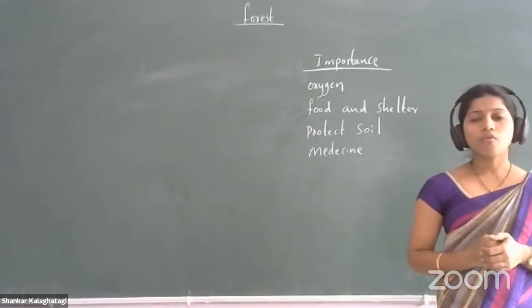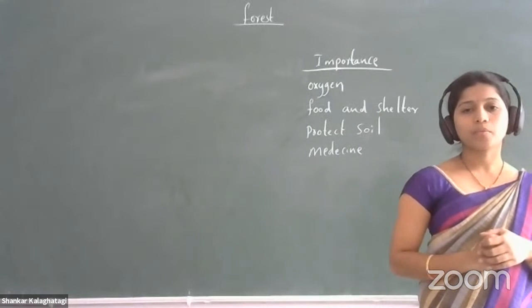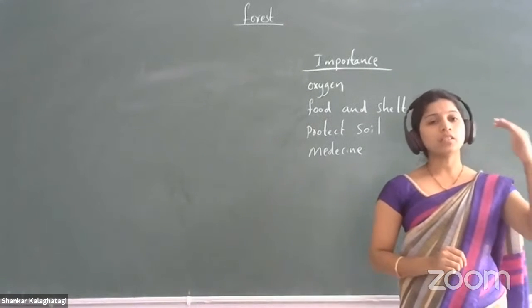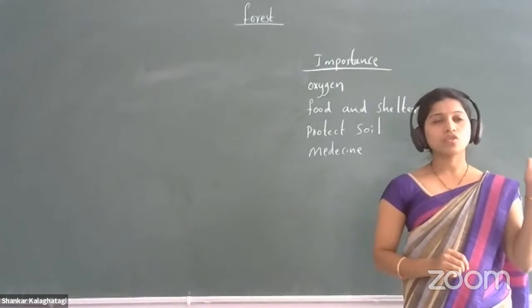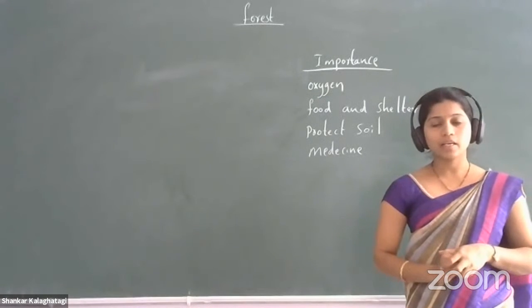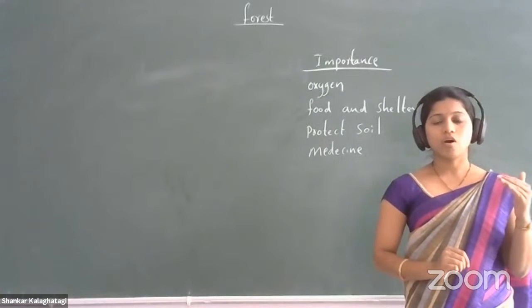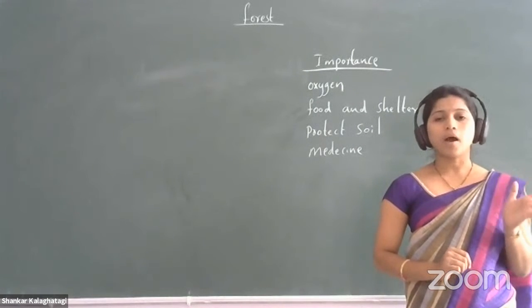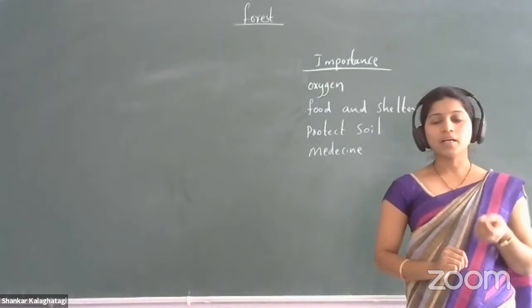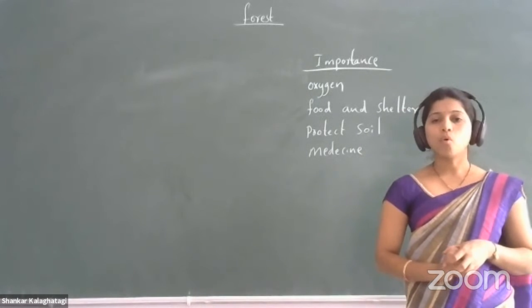So how does it give more rain? When the clouds are floating in the air, the forest controls the clouds. The clouds will not pass away, so in that place it gets more rain.